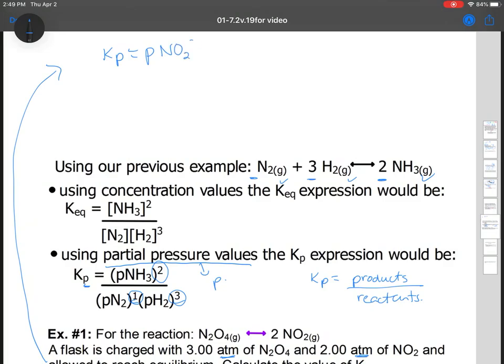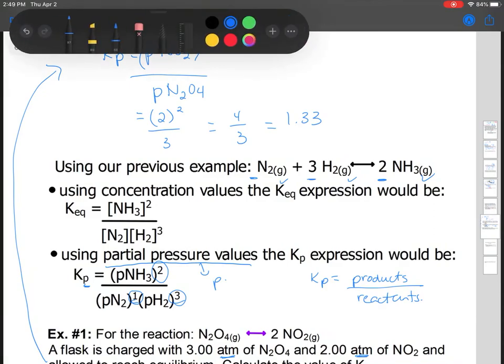This time we have NO2 squared, and then we have N2O4, which is just the exponent 1. The partial pressure of NO2 is 2. Make sure that you do the exponent first. I don't care if you leave it in a fraction. If you are thinking of math, that's fine. You can change it to a decimal as well.